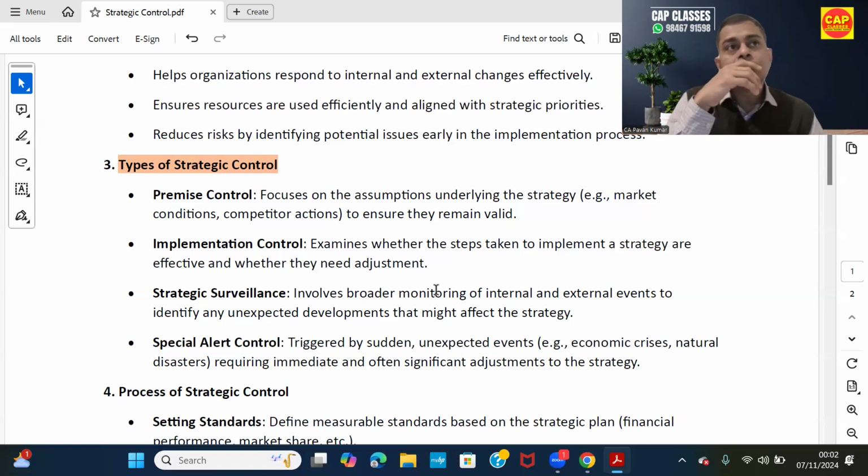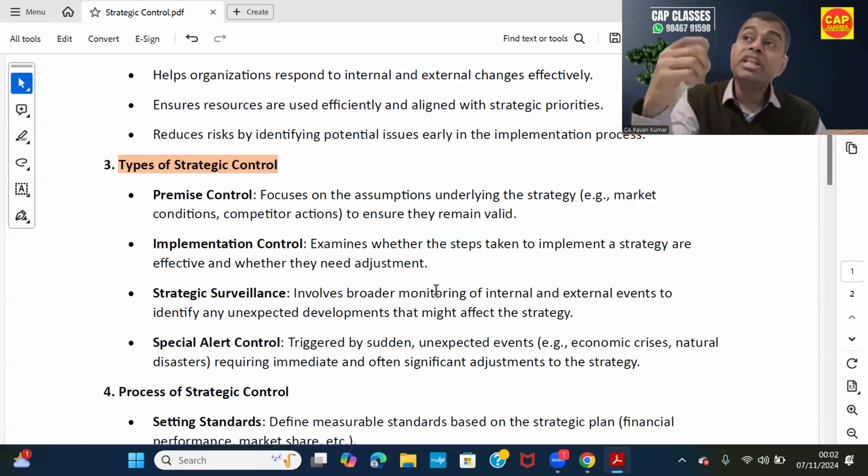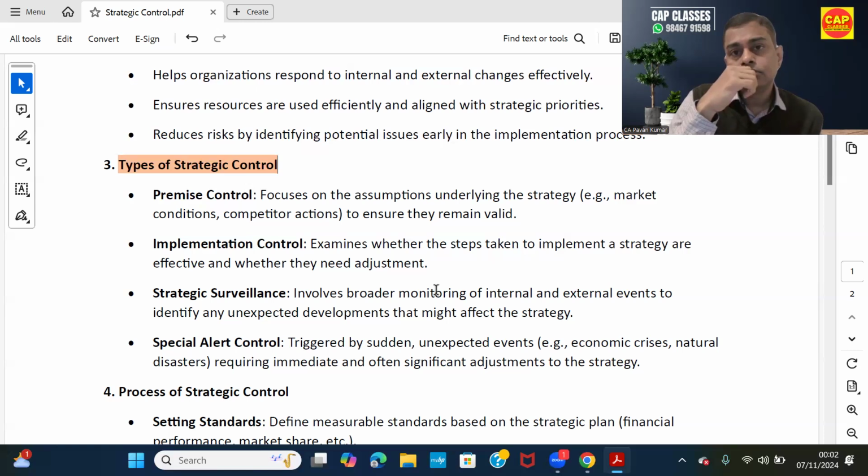For example, we are sitting at the end of 2024. So 2025 is just a few days away, right? What would be the GDP rate in 2025? What would be the inflation rate? What would be the repo rate or reverse repo rate? How is RBI going to change its policies on rates?